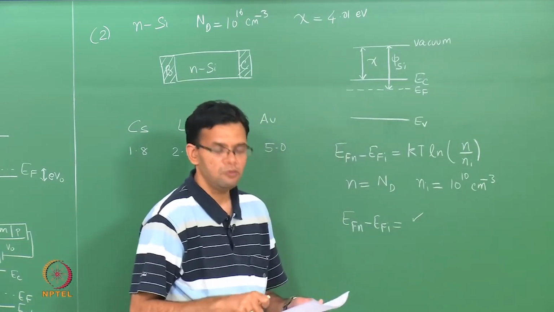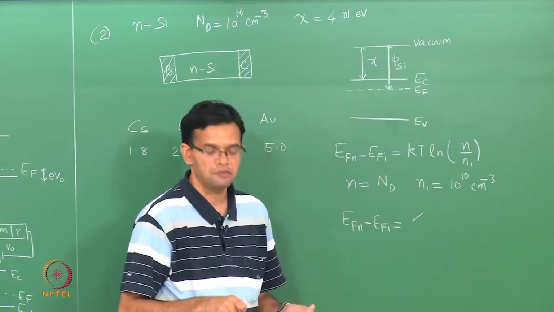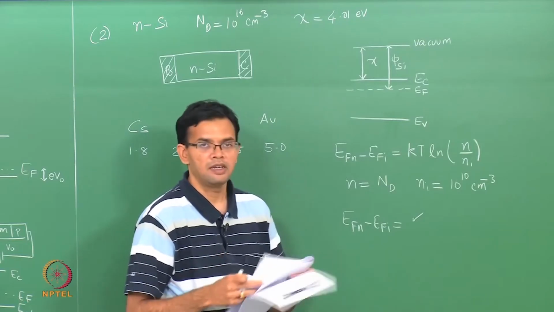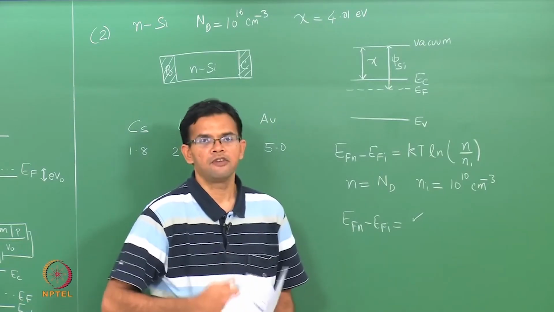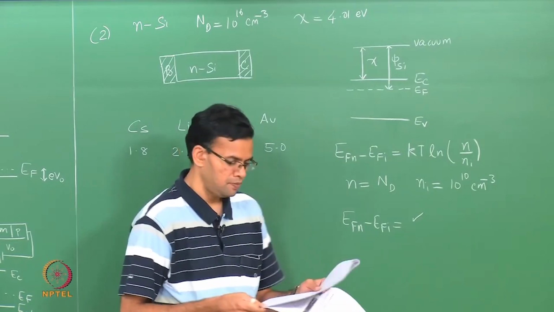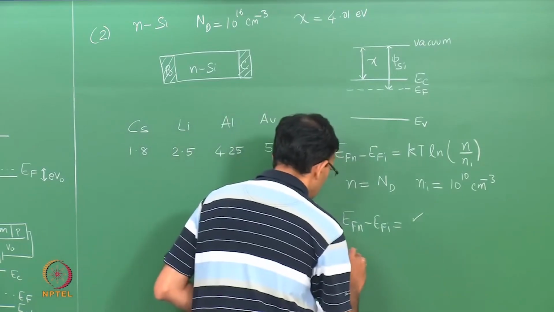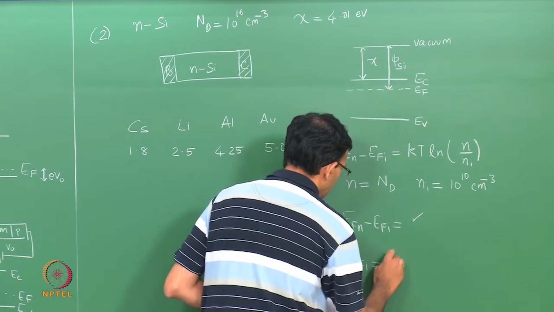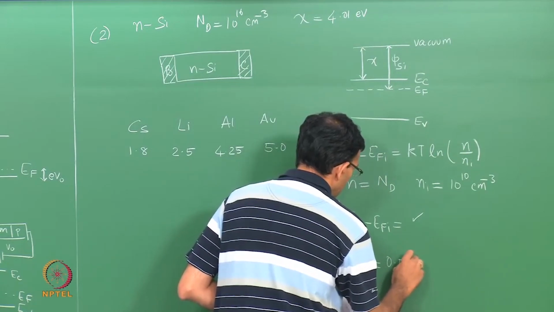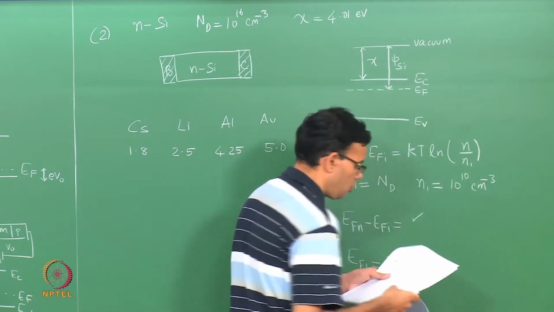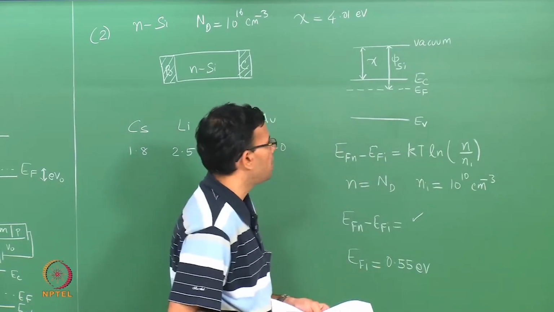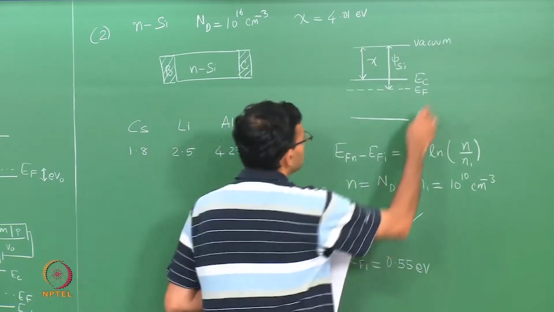We also know the position of the intrinsic Fermi level. So, we can calculate it from the values of Nc or Nv. In this particular case, EFI is given to be 0.55 electron volts and the band gap of silicon is 1.1.